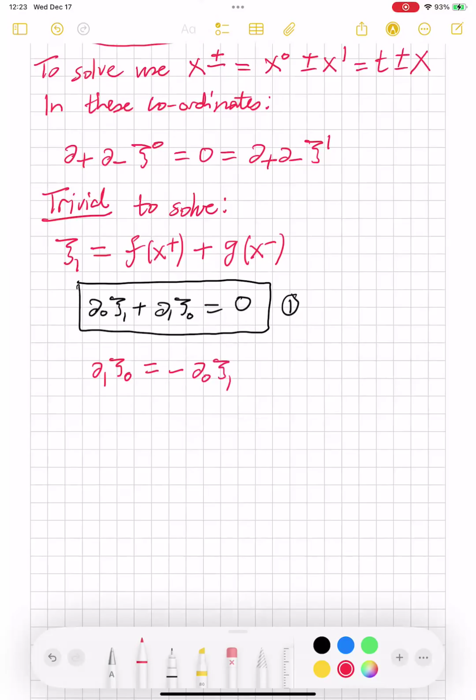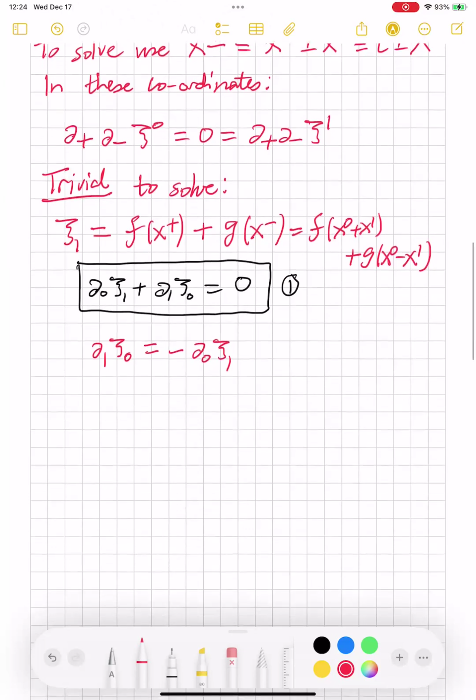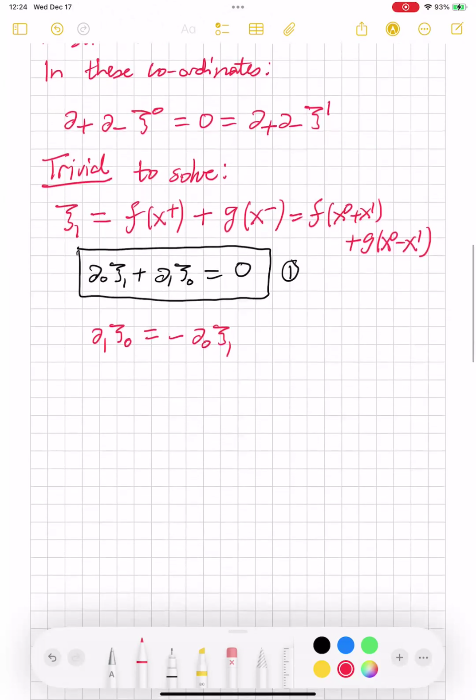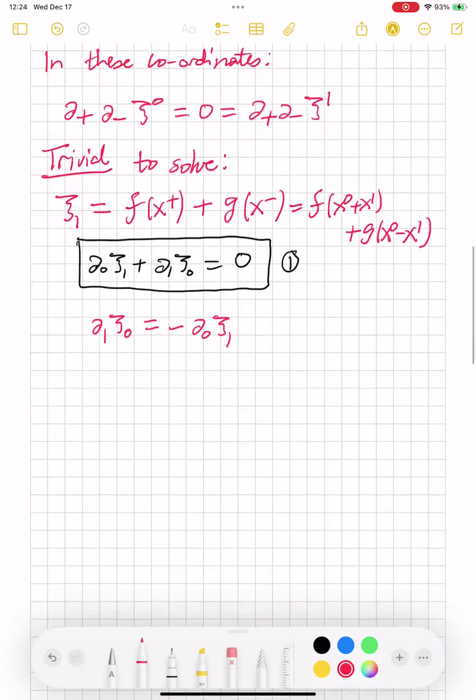Now, if we think about the f of x plus, this is the f of x naught plus x1, and for g, it is x naught minus x1. So if we want the 1 derivative of zeta naught to be equal to minus the naught derivative of zeta 1, then what should zeta naught be?